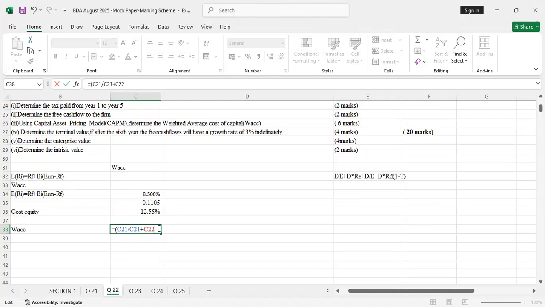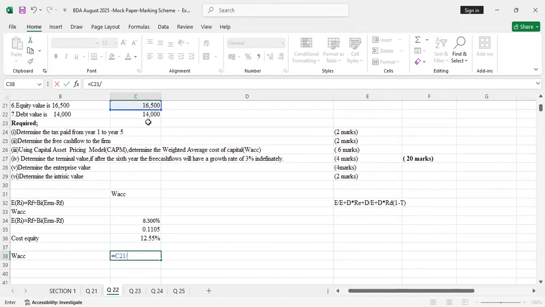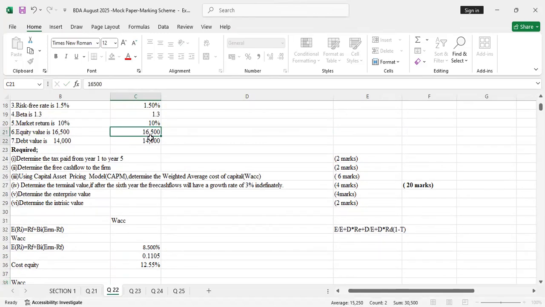Now, sorry, alternatively, this is what I'm going to do. I'm using this formula. So we have the equity value, which is 16,500. You divide by what? You divide by the sum of these two. So even before I do that, let me just get the sum of equity and debt value, so that I can just pick it naturally.